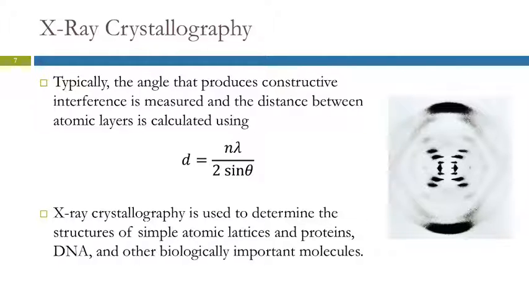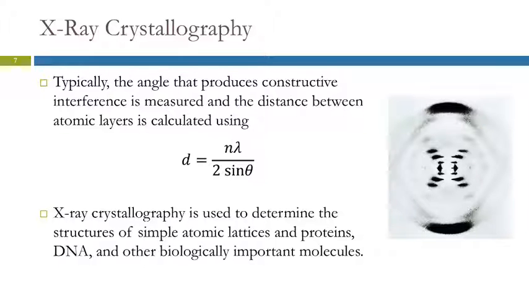So you can measure the angles at which you get constructive interference. So from the angle, theta, we can calculate the distance between the layers of atoms that way. Does that make any sense? I mean, how else are you going to measure the distance between two things that are too small to see? That's kind of tough.